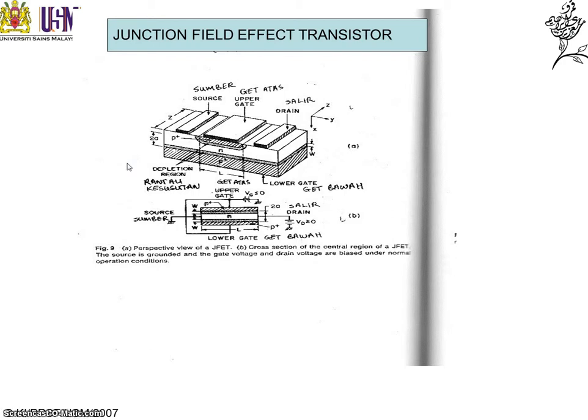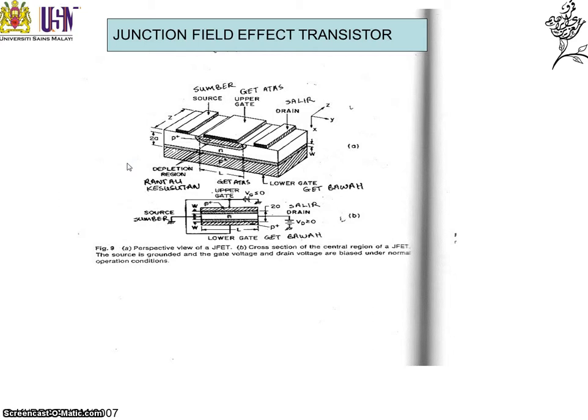So you're not talking about the minority carriers, but you are talking about the majority carriers. This is why we call it a unipolar transistor. When you talk about the bipolar junction transistor, we are mainly talking about operation by the injection and collection of minority carriers.